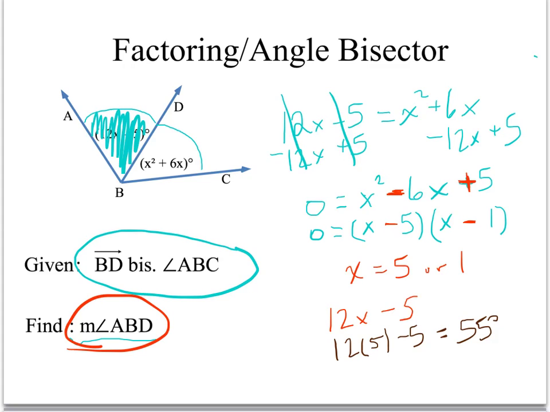And we are also going to take and see if the 1 will work as well. 12 times 1 minus 5 equals 7 degrees. Both answers need to be included. Our angle is either going to equal 55 degrees or 7 degrees.